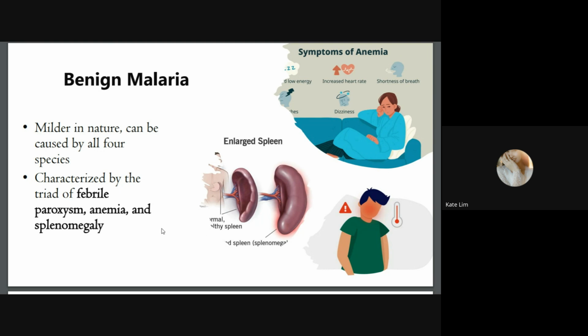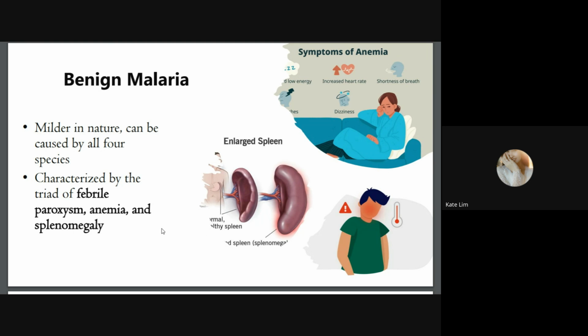And here's the kicker, class. These paroxysms are cyclic, if you remember, right? For example, for your Vivax and Ovale, the fever spikes every 48 hours. But with malariae, it's every 72 hours, meaning it's cyclic. So these are some of the triad or the hallmark of your benign malaria.